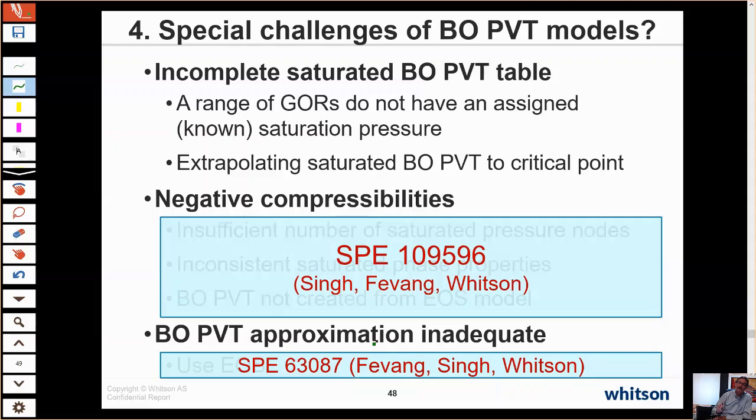The first paper discussing that is Keith Coats, 1982, which I will also make available, where he specifically shows for gas condensates, the black oil model can be used for every depletion situation and even for gas cycling in some cases. So there's some papers there. We're not going to talk about those. I just want to talk briefly about this incomplete saturated black oil PVT table.